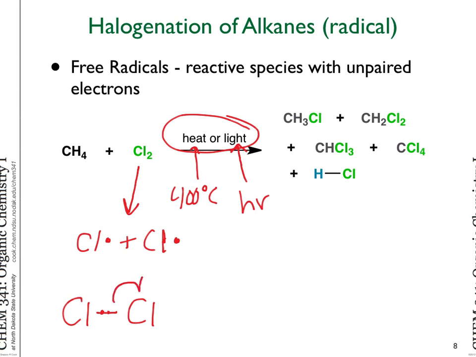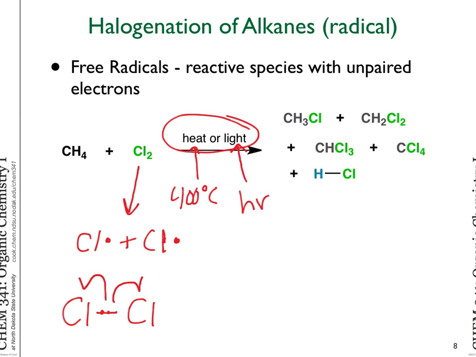One goes to this chlorine and one goes to this chlorine. Notice my electron flow arrow only has a half of an arrowhead. That's indicating 1 electron movement. Okay, remember that? That takes a lot of energy. You can heat it up to 400 degrees, or certain light at certain wavelengths will do that as well.